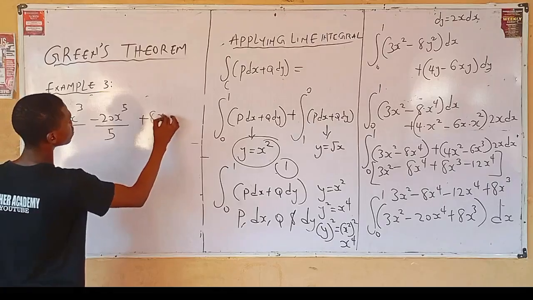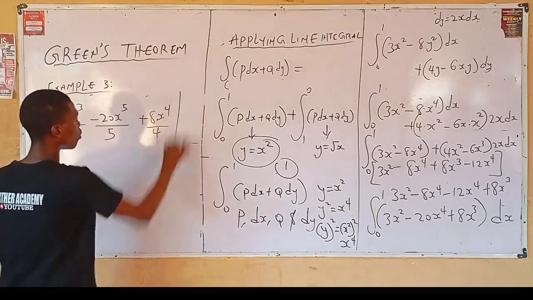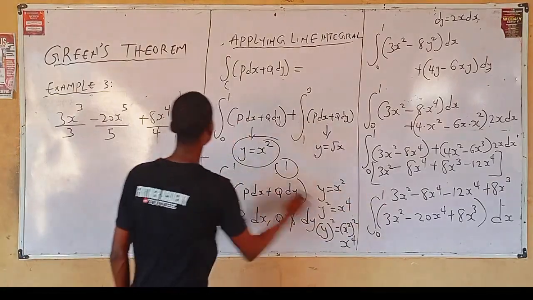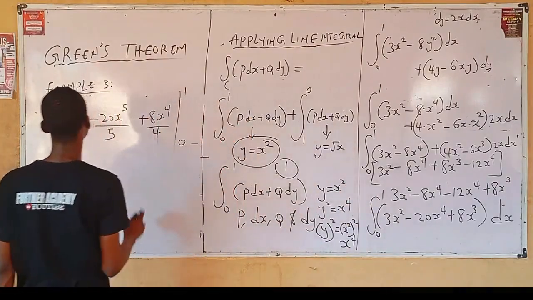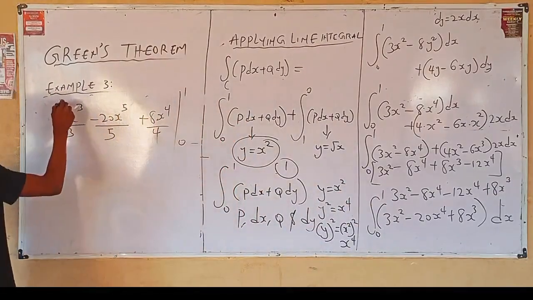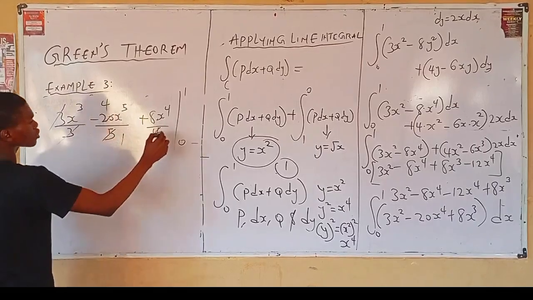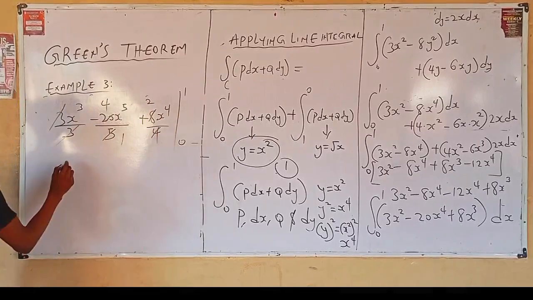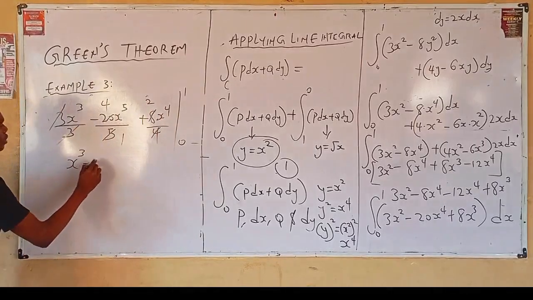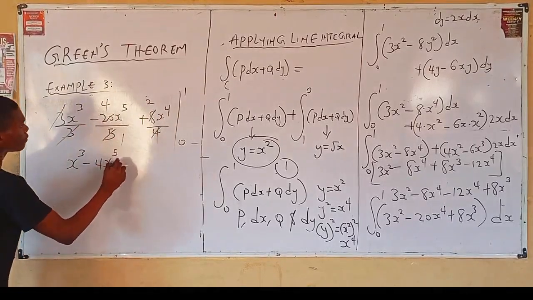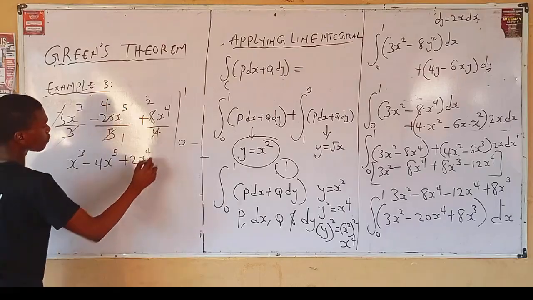Plus 8x raised to power 4 over 4. What's your limit? 0 to 1. But before introducing it, let's simplify. 3 cancels out. This cancels, I'm left with 4. This cancels, I'm left with what? 2. Therefore, I have x cubed minus 4x raised to power 5 plus 2x raised to power 4.